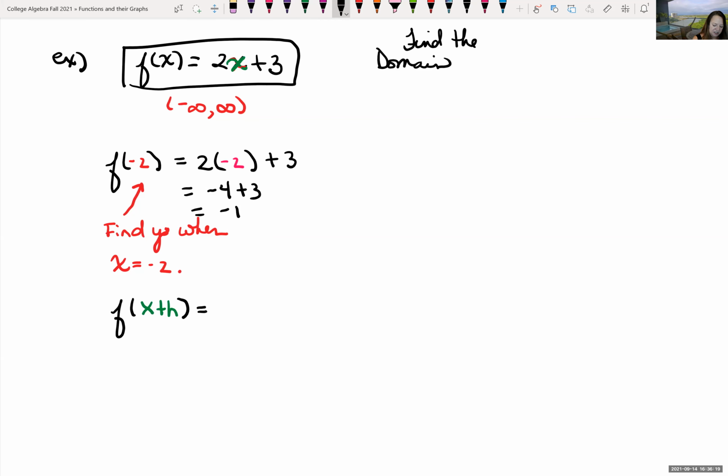So here we have 2. I see an x, so I'm going to put parentheses big enough to put in x plus h, plus 3. I can leave it like this, or I can simplify. Let's distribute our 2. So this is 2x plus 2h plus 3. These are not like terms, and that's as far as I can take it.